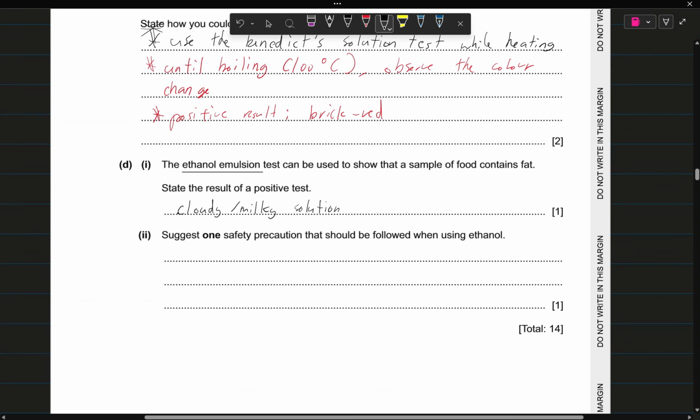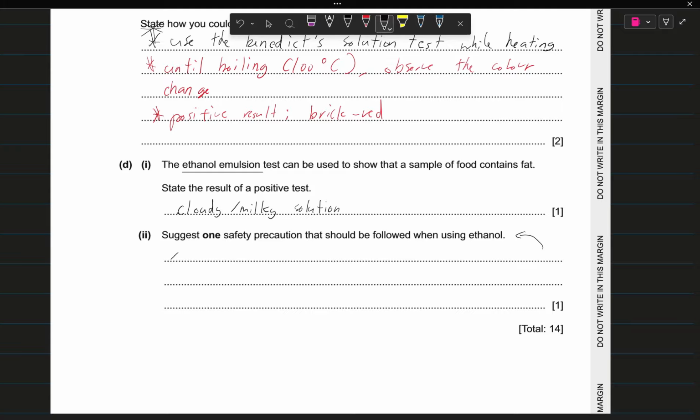Now for part 2, suggest one safety precaution that should be followed when using ethanol. Now ethanol is essentially a fuel. It is actually a biofuel. It can be used in petrol, it can be mixed with petrol. So because of that, of course, it is a safety hazard when it comes to fires.